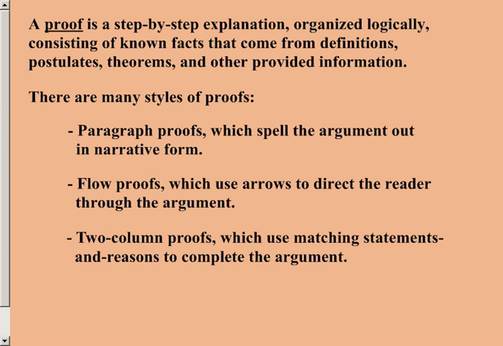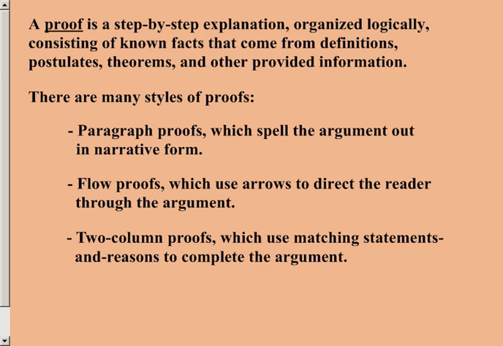And then we have two-column proofs. Two-column proofs use matching statements and reasons to complete an argument. This is written in chart form and largely written in short, choppy information that is basically like sentence fragments and identification of particular terms and rules.